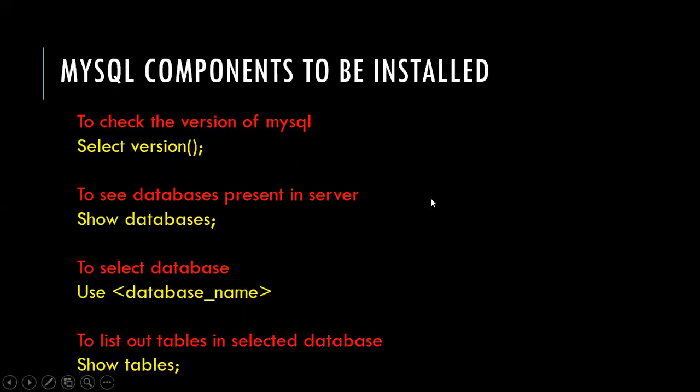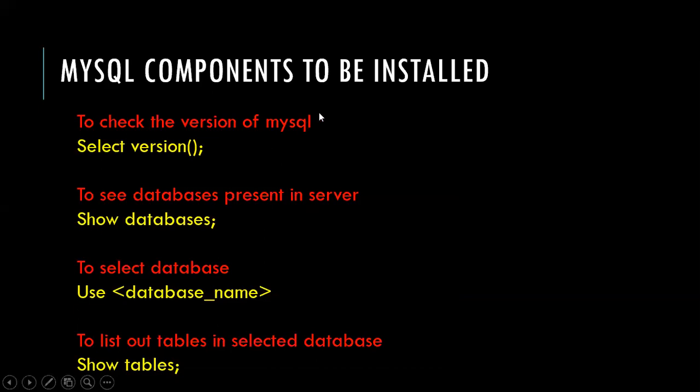Now I have written here the MySQL commands. Of course, I have not changed the heading in the PPT because I copied all the slides and forgot to change the heading.